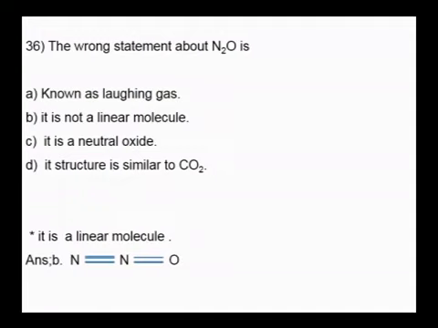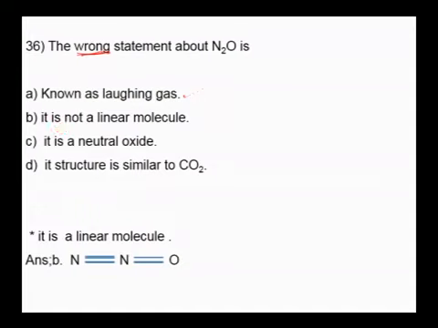We need the wrong statement, not the correct one. Nitrous oxide is a laughing gas; when we inhale some nitrous oxide, laughing takes place due to the effect on the nervous system. So, the first option is correct.